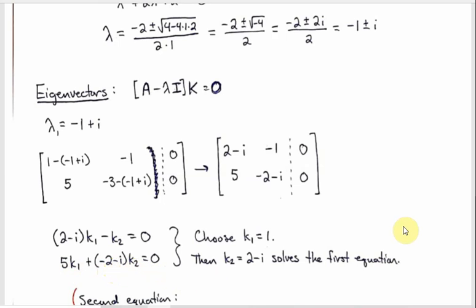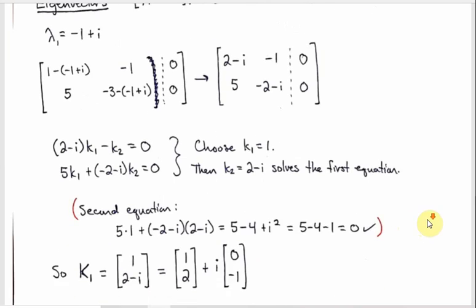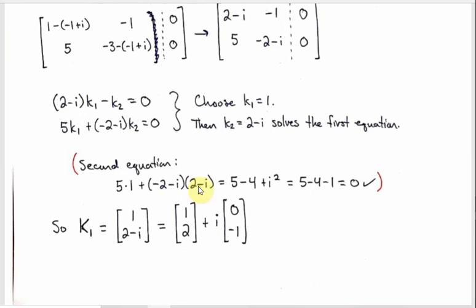So here is another situation where you're going to have to pick a value that would work. I just picked something easy, and I said, all right, well then if k1 equals 1, then that would mean k2 would have to be 2 minus i. That's going to solve the first one. And then just to double check and make sure that also solves the second one, I went through and subbed in.